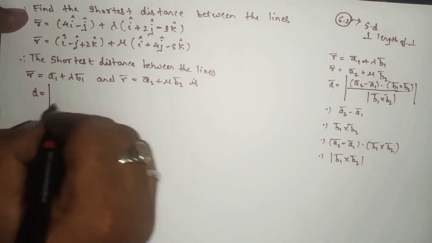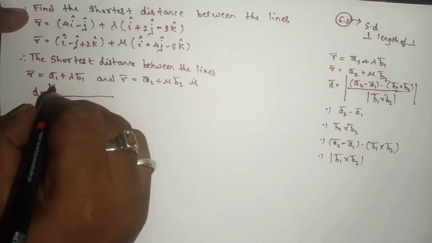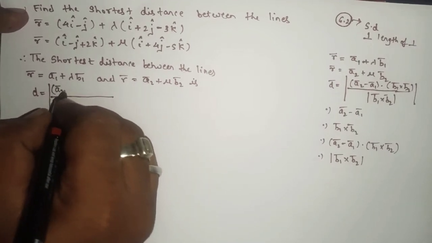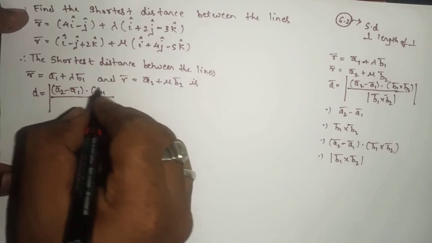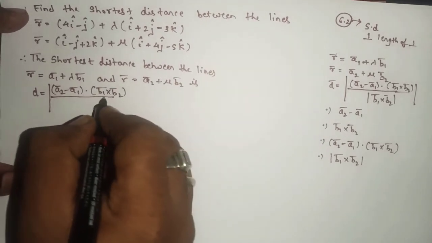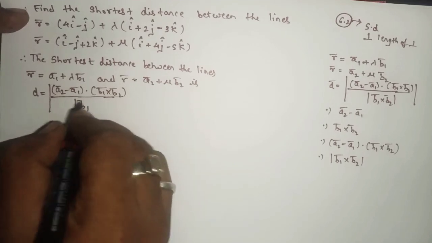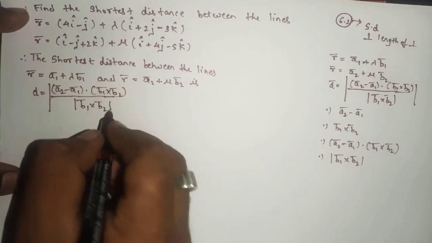Distance equals, we'll write the formula here, that is a2 minus a1 dot b1 cross b2, and then you have to find the magnitude of b1 cross b2.